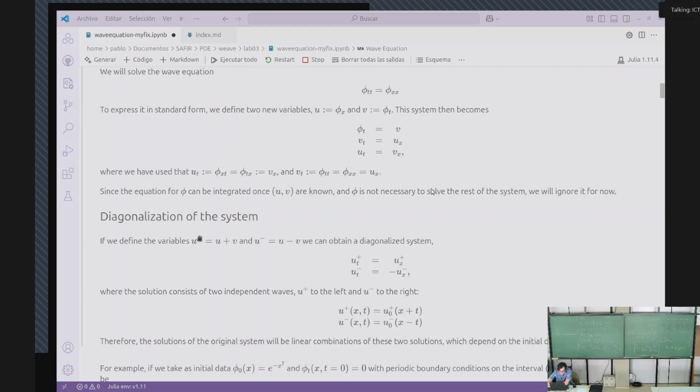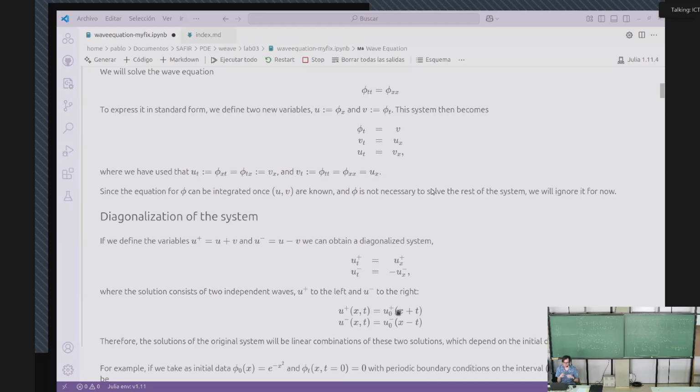So with these variables, these two variables are completely separated, right? U plus goes only with u plus and u minus goes only with u minus. And the exact solution of this equation is the solution of an advection equation, where the initial solution simply moves to the left or to the right.